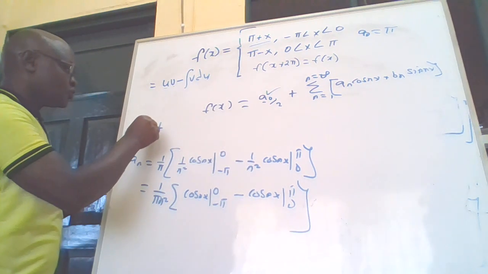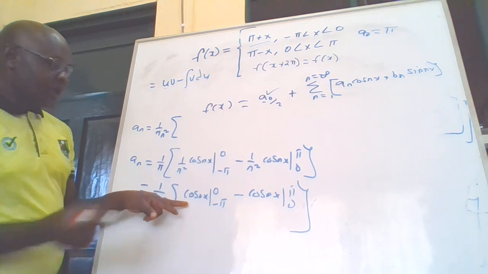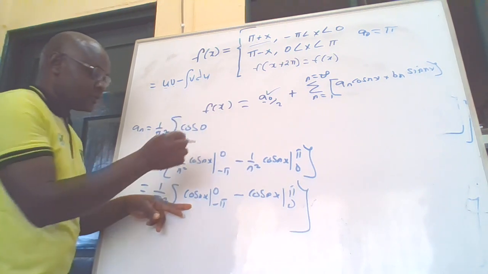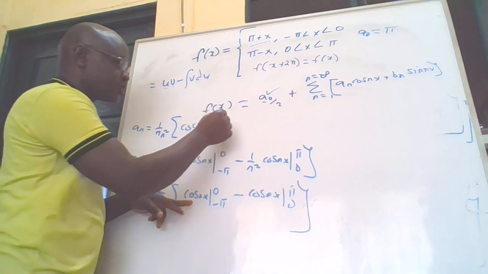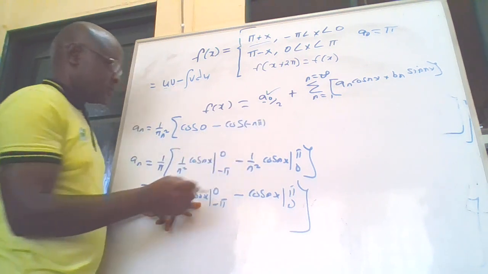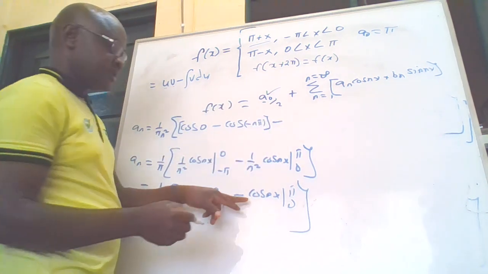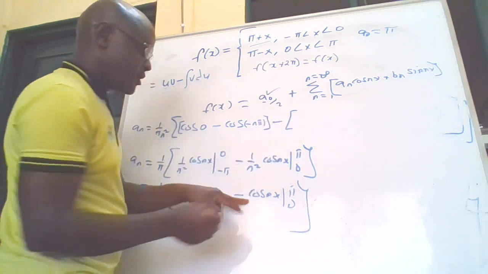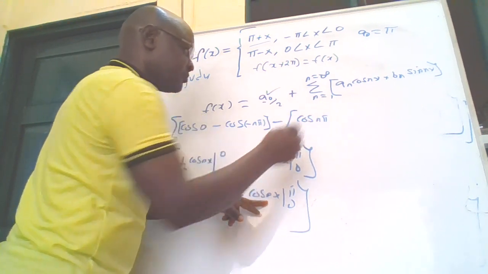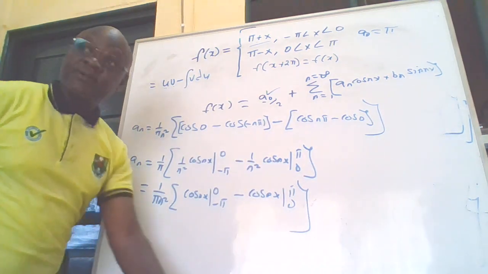Now this equals to 1 over pi n squared into, we now substitute the limits, so we have cos, where there is x, you put it as 0, so it will be 0 times n, so we have cos 0 minus the lower limit, so it will be cos, where there is x, so it will be minus n pi, then minus, we now have this, where we have cos n pi, then minus cos 0, like that.